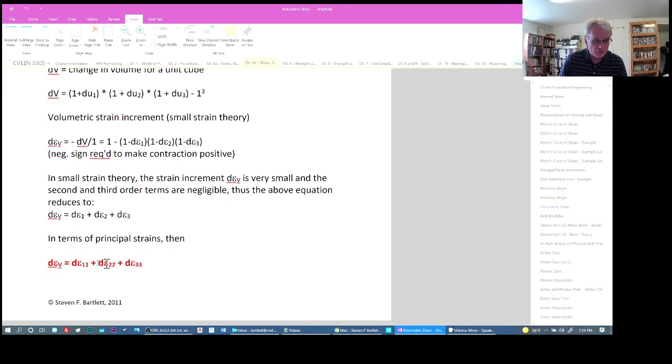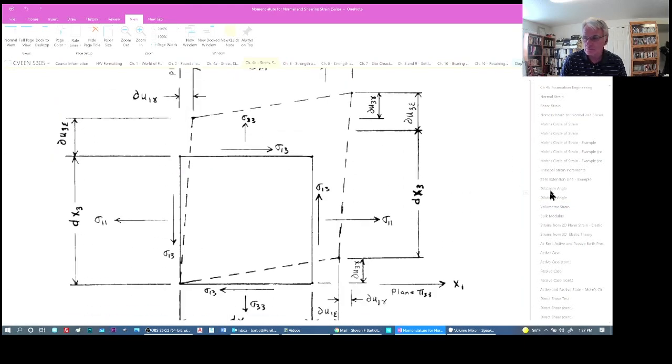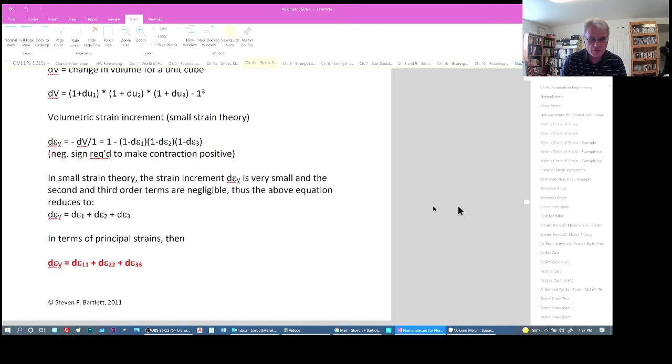So we can just write this in terms of principal strains this way, as we've done before, referring back to our original nomenclature shown on this page. And we have the definition of volumetric strain.